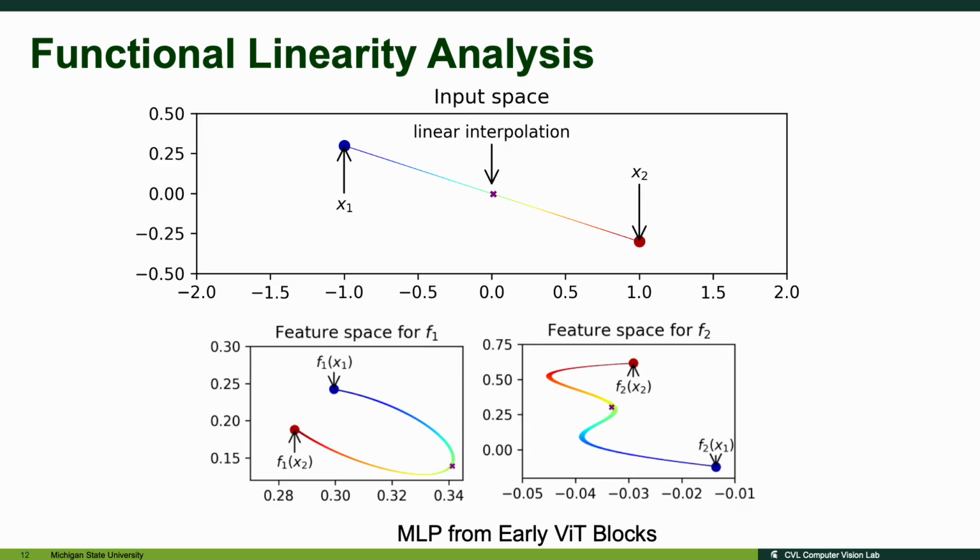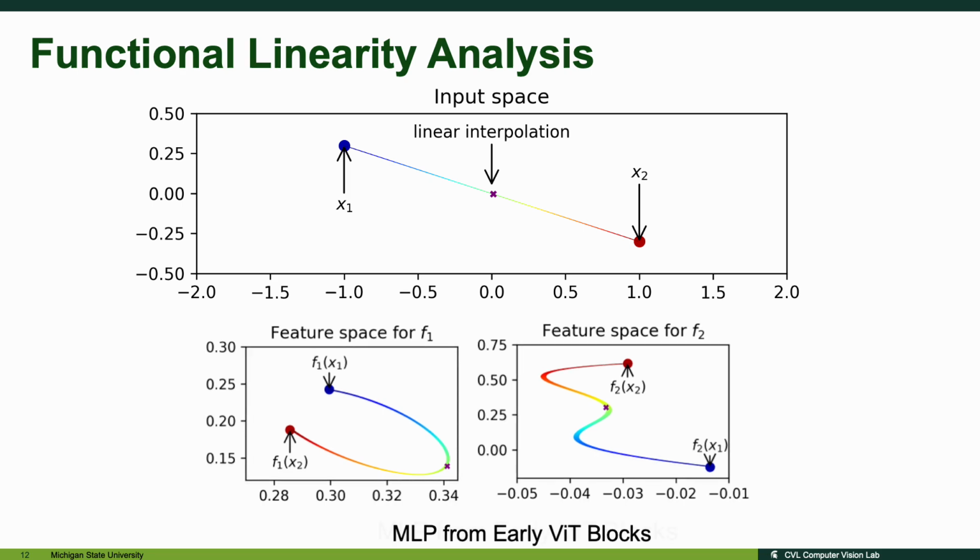For MLP layers in the early blocks of vision transformers, the interpolation path is markedly nonlinear. This is observed when the midpoint of x1 and x2, once transformed by f, deviates significantly from the midpoint between f of x1 and f of x2.